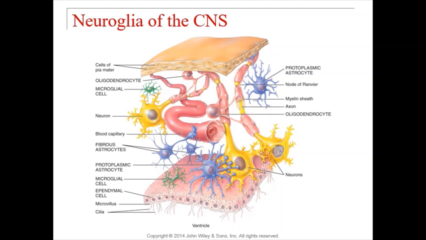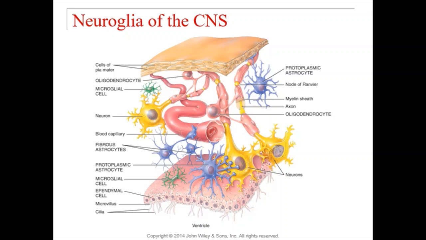So your body actually has a natural barrier, almost like a little filter between the blood and brain and spinal cord tissue. We call it the blood-brain barrier. That's why you don't really hear people talk about, oh man, I had the worst brain cold yesterday. It doesn't happen. Why? Because you have a blood-brain barrier made up of astrocytes. It's there for protection. So that's it. Keep it that simple. Astrocytes form the blood-brain barrier to protect brain tissue and spinal cord tissue from possible pathogens in the blood.